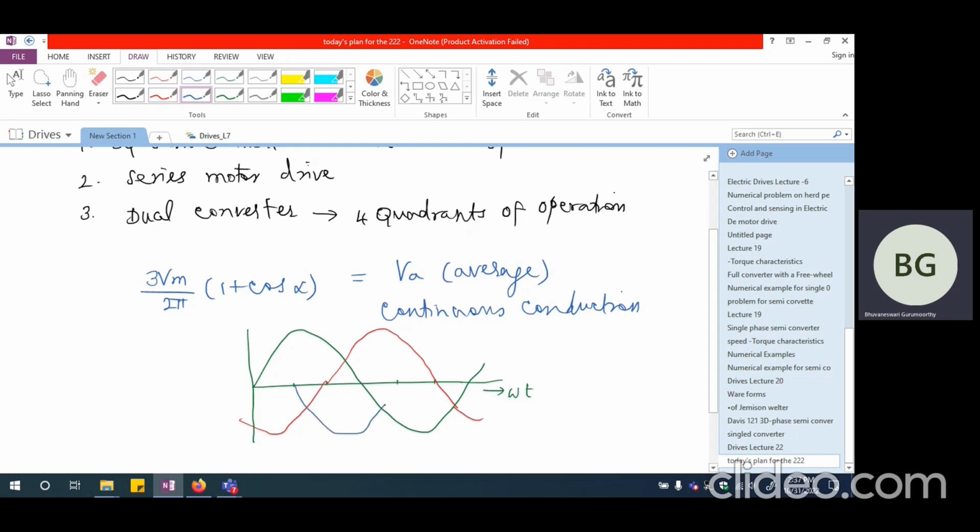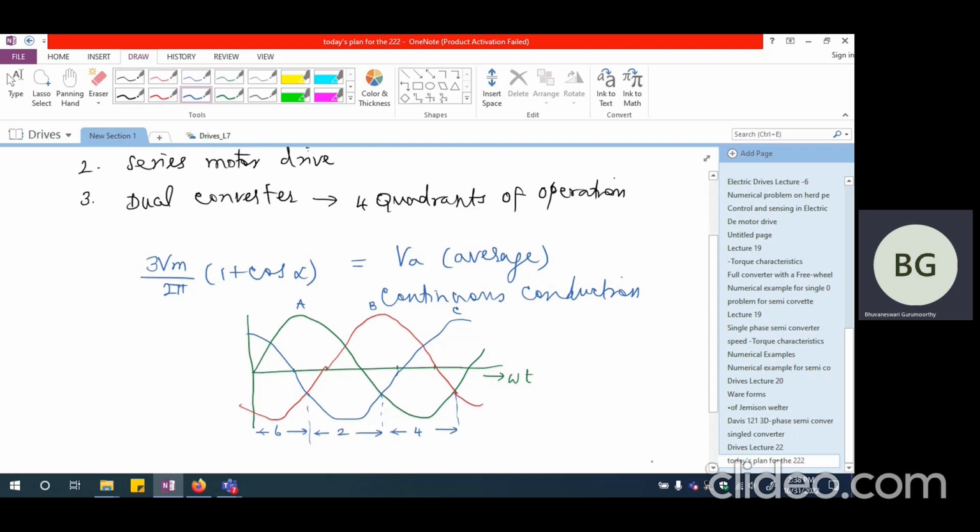So this is going to be the third phase voltage, which is coming up like this. So let me call this as A, this as B, and this as C. And we already said that when B phase is negative, 6 is going to conduct. There is no control over it because it is semi-converter. It's only diode. This is C phase. So 2 is going to conduct during this interval. And we are going to have 4 conducting during this interval.